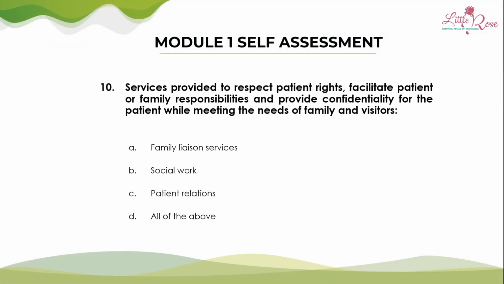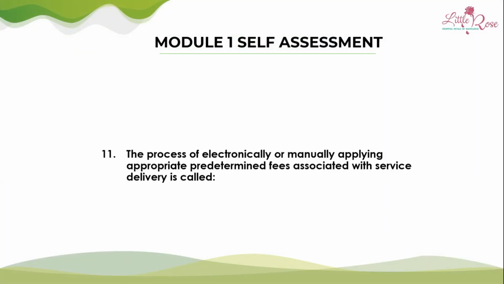Services provided to respect patient rights, facilitate patient or family responsibilities, and provide confidentiality for the patient while meeting the needs of the family and visitors: A. Family liaison services, B. Social work, C. Patient relations, D. All of the above.